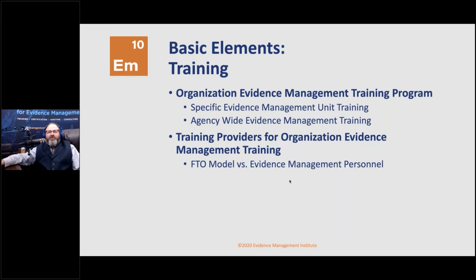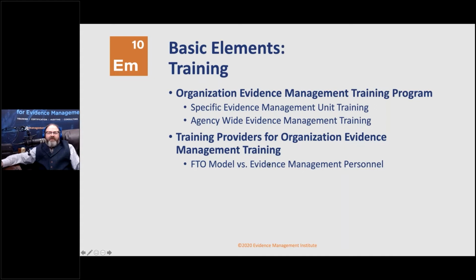We had a history and a culture at the agency I was employed at where officers really didn't know how to submit evidence or package evidence. And what we found here at the Evidence Management Institute is that agencies that have the FTO training model for officers learning how to package and submit evidence, typically the results are not consistent, and they're not what they ought to be, because you're training officers with training officers who don't know anything about what they're training, and that's bad.